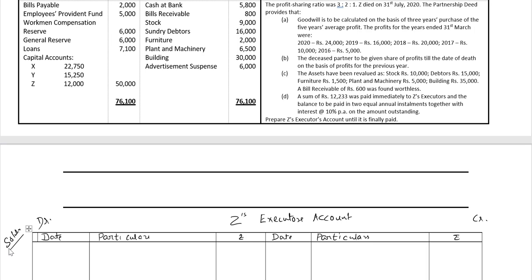Before we begin, we'll write down important information. As per the point subdivision D, amount paid immediately is equal to rupees 12,233, and the balance is to be paid in 2 equal annual installments.